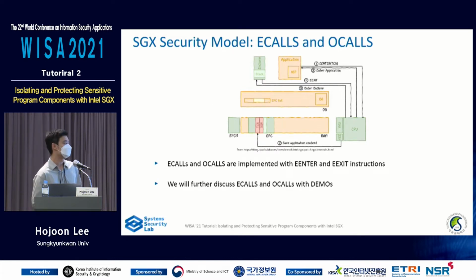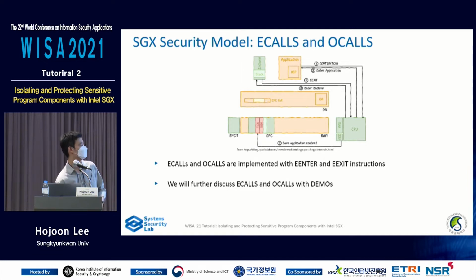All right, so how do we actually move into and out of enclave mode? This is done with ecalls and ocalls. Ecalls are enclave calls and ocalls are out calls. Ecalls are used to enter the enclave, and ocalls are used for enclaves to call a routine that is outside the enclave. Ecalls and ocalls are actually conceptual terms.